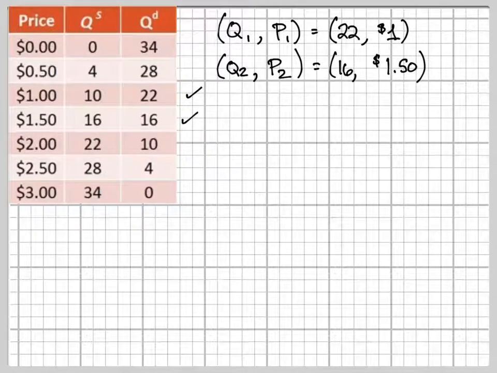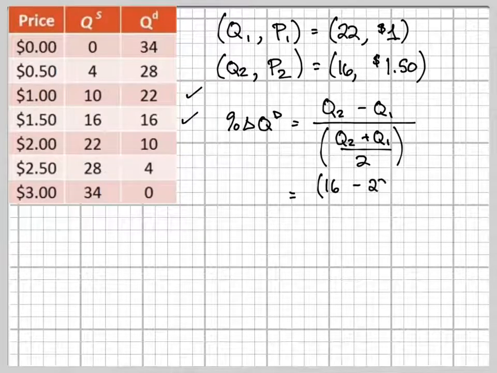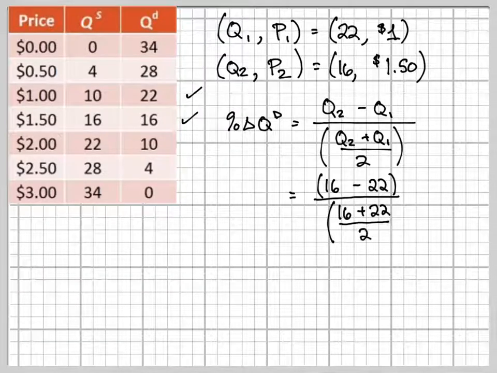So we need to figure out the percentage change in quantity demanded. So that is Q2 minus Q1 divided by Q2 plus Q1 over 2. And even though this looks like a mess, we know everything in this equation, and it's not difficult. So this is equal to 16 minus 22 over 16 plus 22 divided by 2.